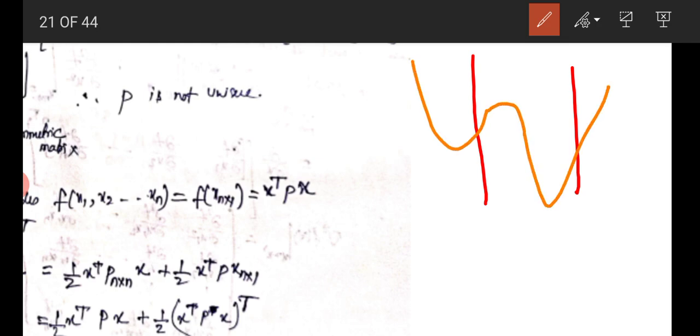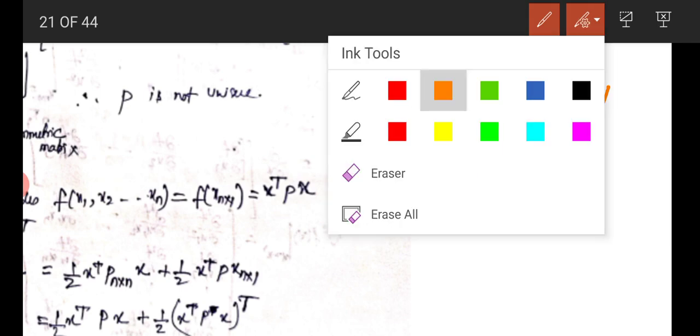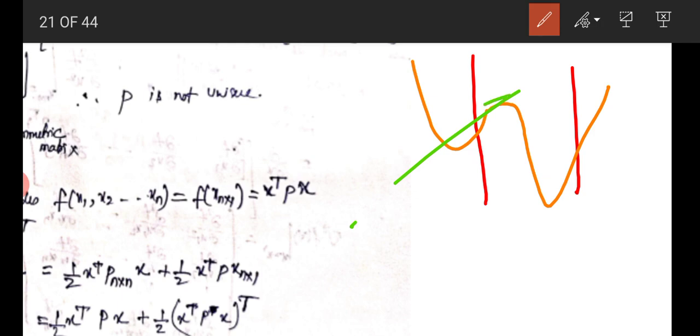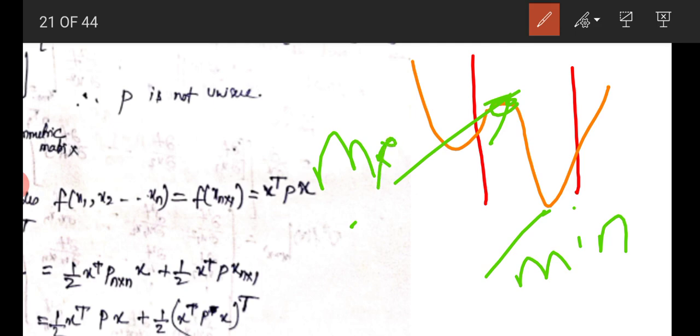In this curve you can say the maxima occurs at 2 points in the boundary. First is this one. This is the maximum in the interior, and this one is the minimum in the interior.